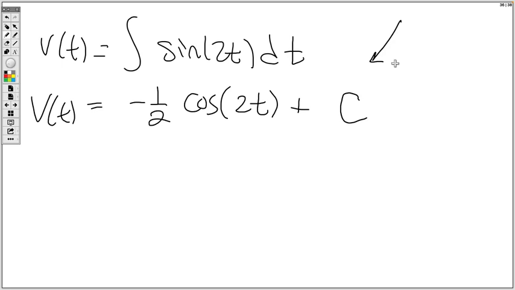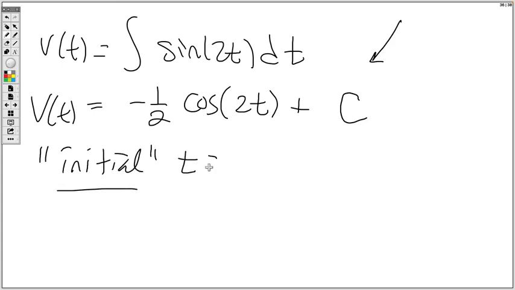Okay? Now it asks us for the velocity function. This is actually a whole family of velocity functions. You follow? So they've given us a piece of information. They told us the initial velocity was what? -2. Now when you see the word initial in these types of things, initial means what? That's when t equals 0. So this is actually telling us that when you plug 0 into the velocity, we should get out -2.